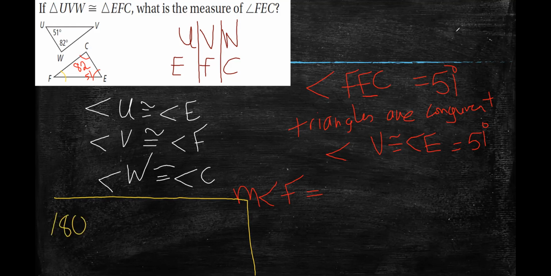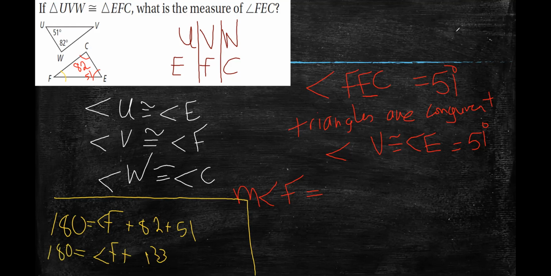So 180 is angle F plus 82 plus 51. Then 82 plus 51 is 133, plus angle F is equal to 180.